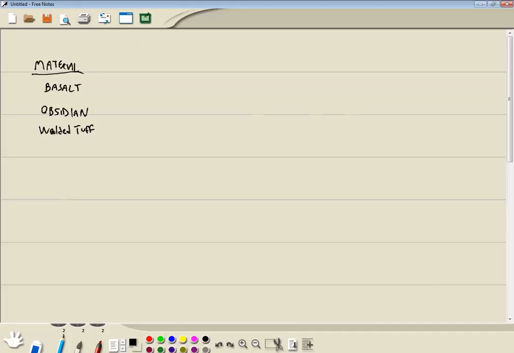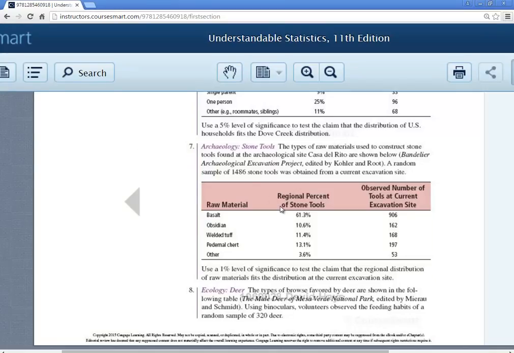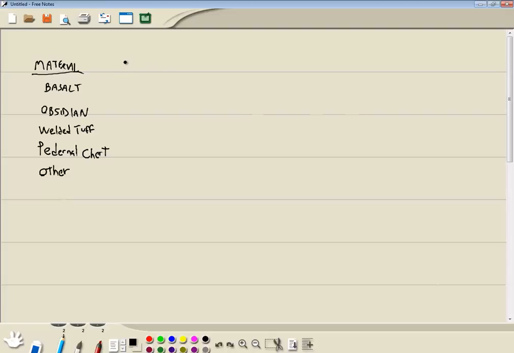Pedernal chert. Other, I'm pretty sure I'm saying that one right. Okay. And this says the regional percent of stone tools.